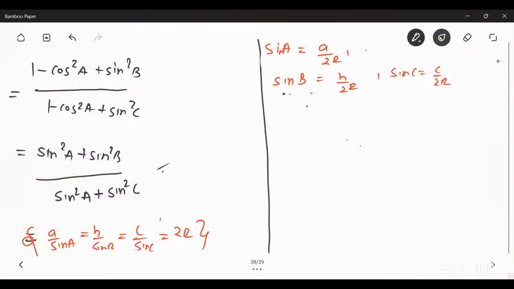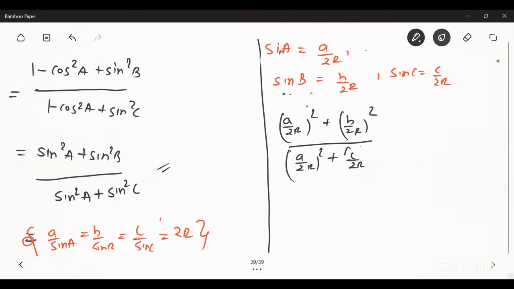So you will get a upon 2r whole square plus b upon 2r whole square, upon a upon 2r whole square plus c upon 2r whole square.